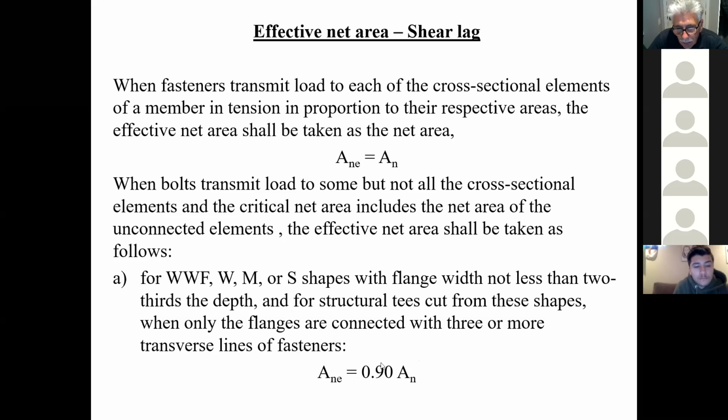In other words, you would multiply it by 0.9 to get your effective net area. That's all they're saying. Now this is if you're connecting I flanges. What we're going to be more concerned about are angles, because they're the most common thing we tend to use. But if you are connecting flanges, here's the coefficient you multiply your net area by to get your effective net area for your calculations.